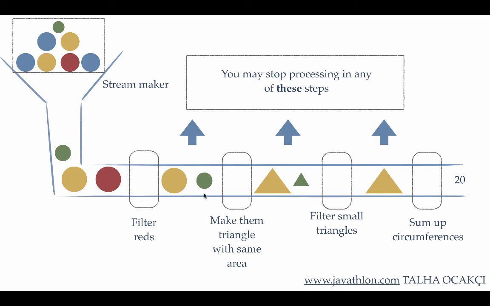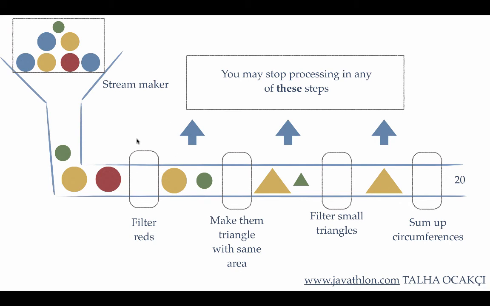In our example, we have a function here which is chained to this predicate, and it simply transforms these spheres into triangles. So we transform the data, and now they are triangles. Again, here we have another predicate that filters the small triangles. So here we only have the big triangles. Okay?